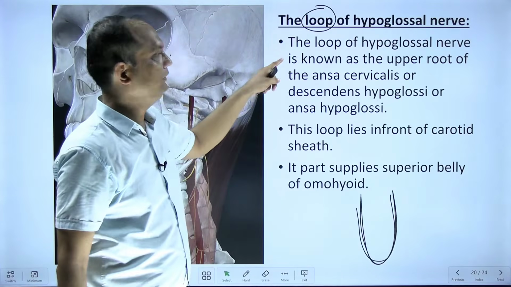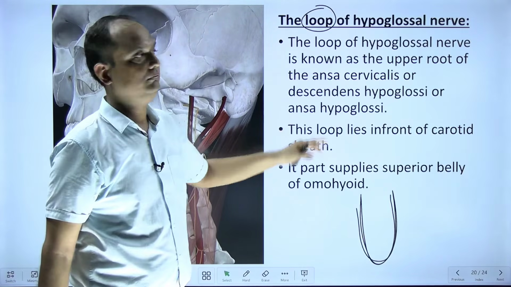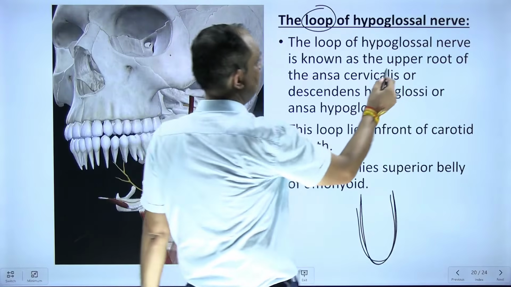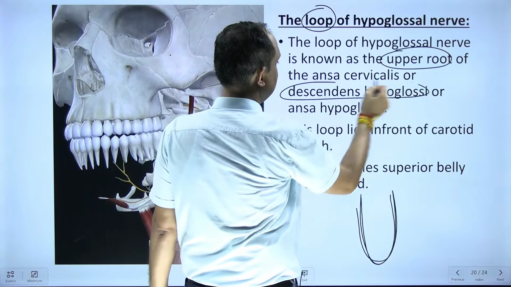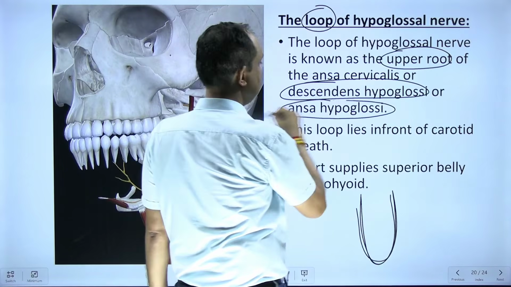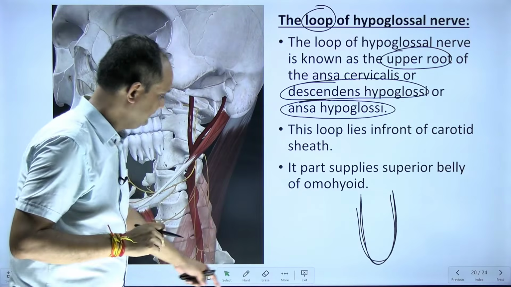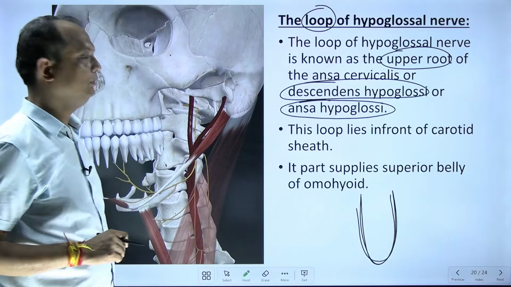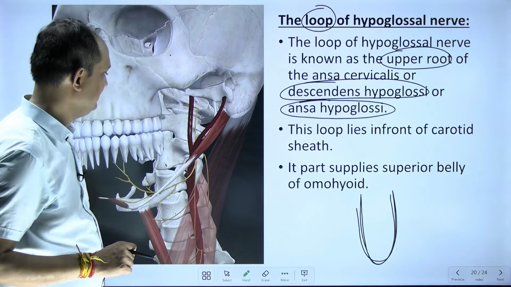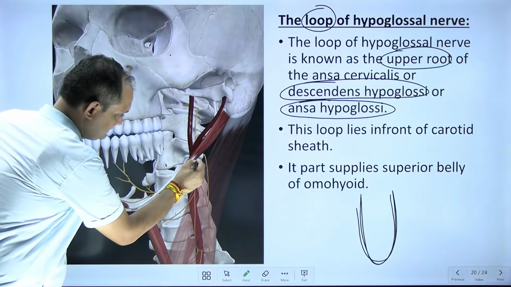One part comes from the hypoglossal nerve. That part is known as the upper root, or descendens hypoglossi, or Ansa hypoglossi. So what is Ansa hypoglossi or descendens hypoglossi? It is the part of the loop which is coming here.